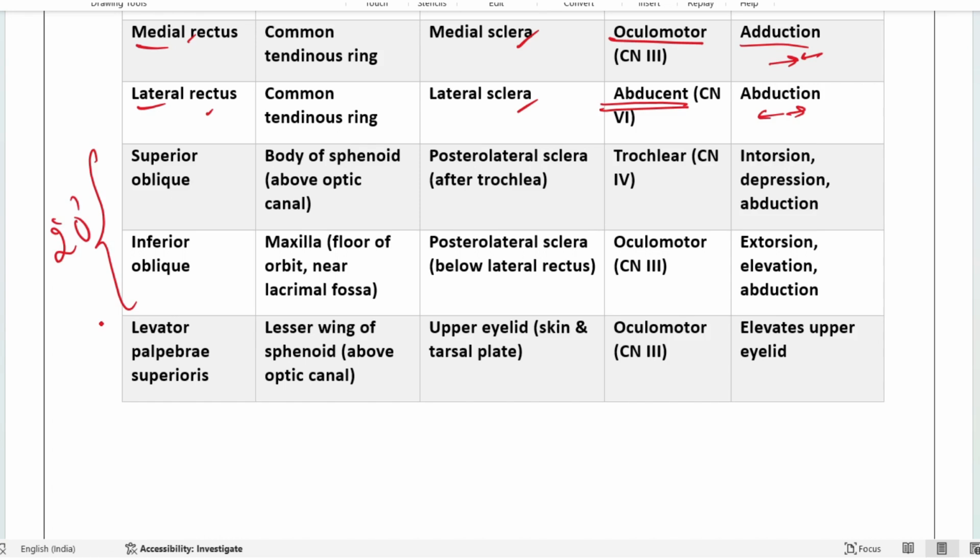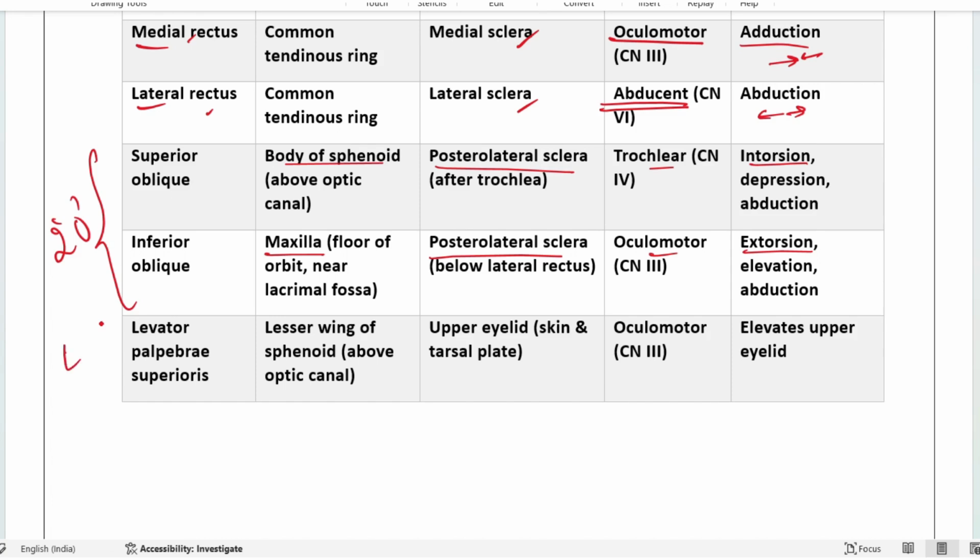Superior arises from the body of sphenoid and inferior is from the maxilla. They insert into the posterolateral sclera. Superior oblique is supplied by the trochlear nerve and inferior is by the oculomotor nerve. As the name suggests, superior will cause intorsion, that means inward movement of the eye, and inferior oblique will cause extorsion, that's outward movement of the eye.